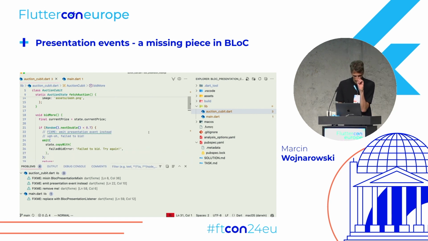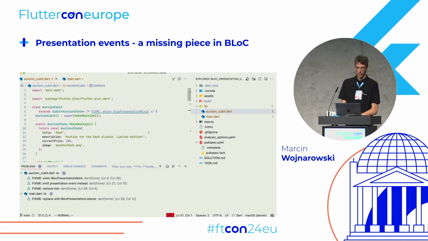Okay, so this is the auction that I talked about, but now we'll go through refactoring something that used the state to try to represent the error that is transient, but now we'll just move it to the presentation.